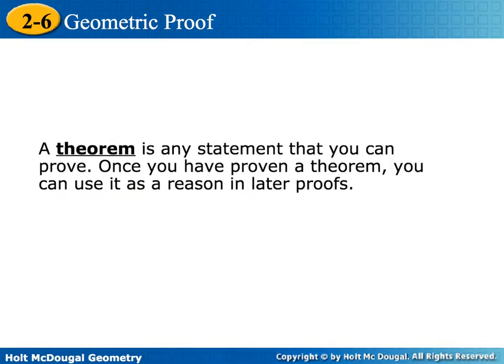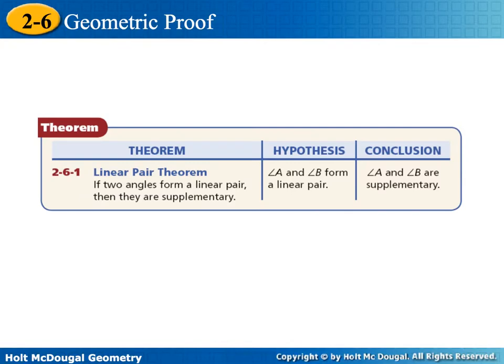That's it. Okay, a theorem is your first buzzword, a statement that you can prove. Once you have proven a theorem, you can use it in your later proofs. So this is the first one you need to have written down, the linear pair theorem: if two angles form a linear pair, then they are supplementary.